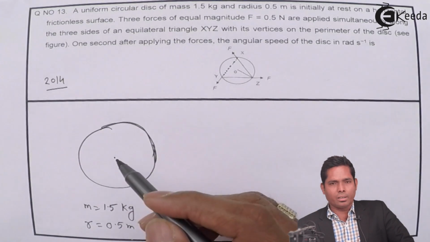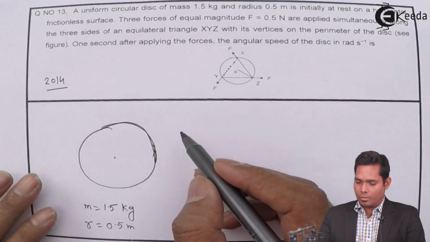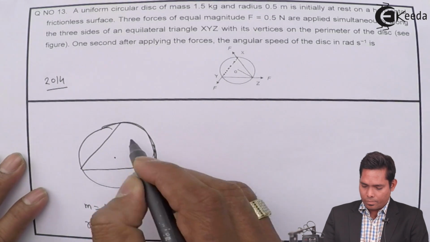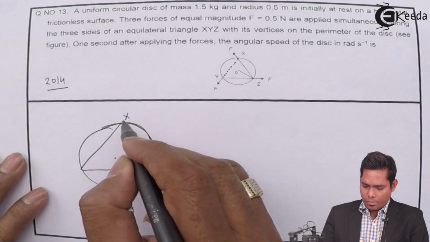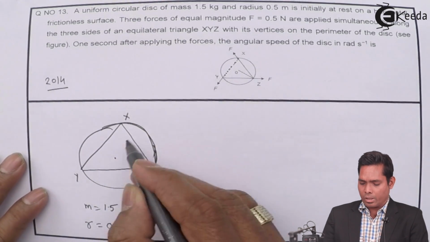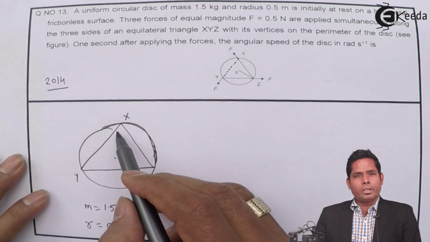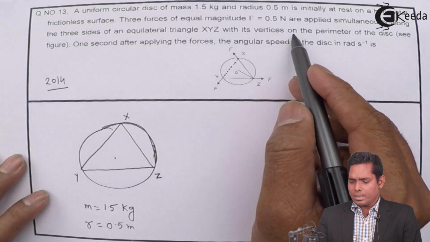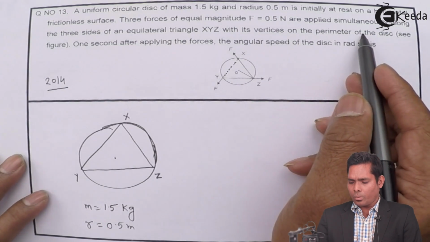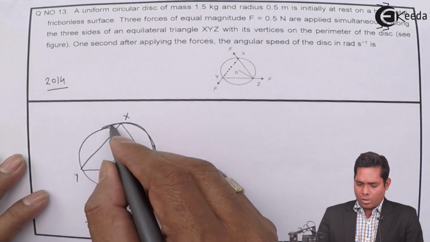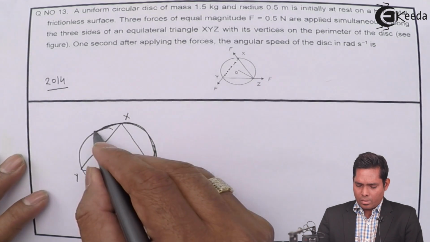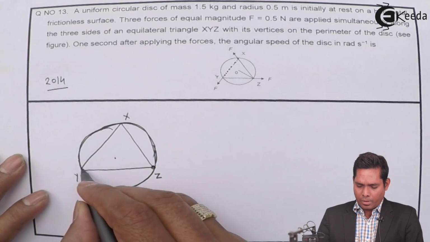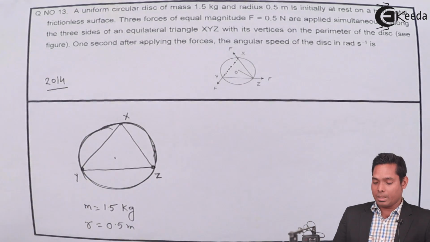So XYZ is a triangle like so, X, Y and Z. This is an equilateral triangle, so in an equilateral triangle, this angle will be 60 degrees each, with its vertices on the perimeter of the disc. So this is the perimeter, the outer part, and the triangle vertices are touching the perimeter.